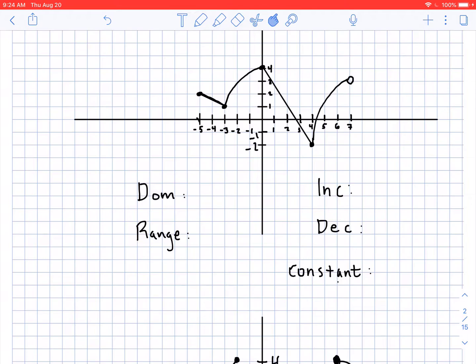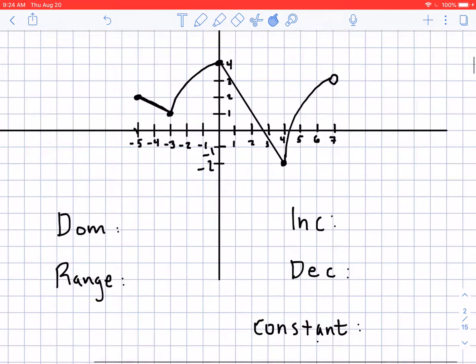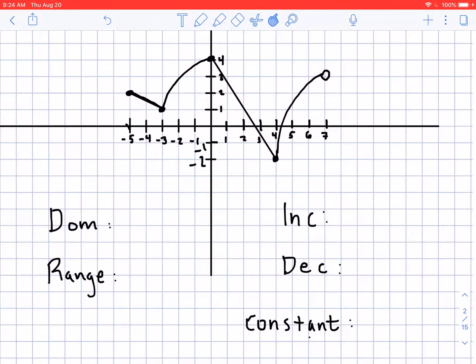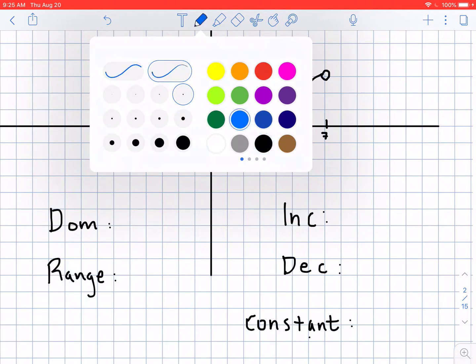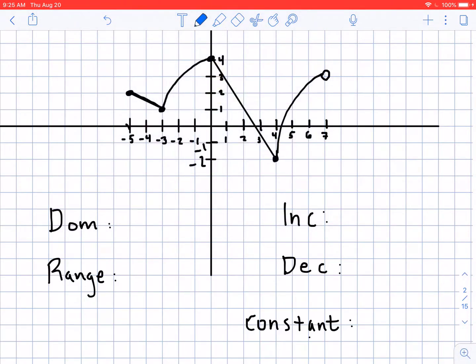In this first example, I've given you a random graph, and we're going to try and find all this information. So the first thing I'm going to do is find the domain of this function. Remember, your domain is your x values. So maybe we use, I don't know, blue. So the domain is from left to right, how basically wide is the function.